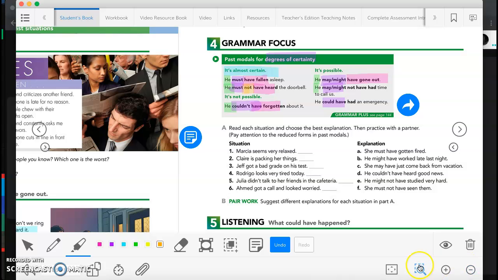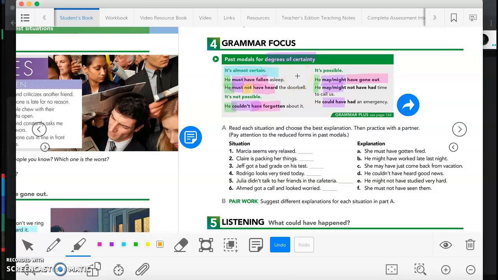"Could" is more sure, more security than "might" and "may." Okay, very good. So yes, "could" has, let's say, a higher grade of certainty. When you say "could," it's more sure than when you use "may" or "might," as Julian said.